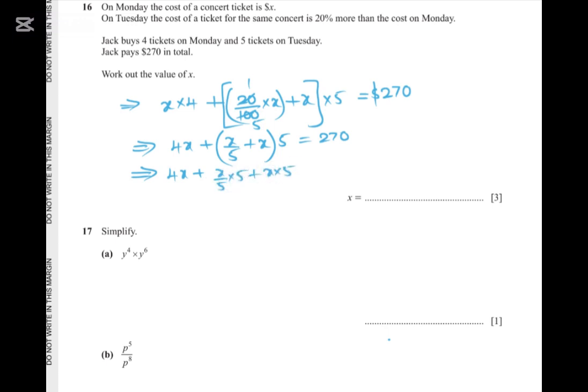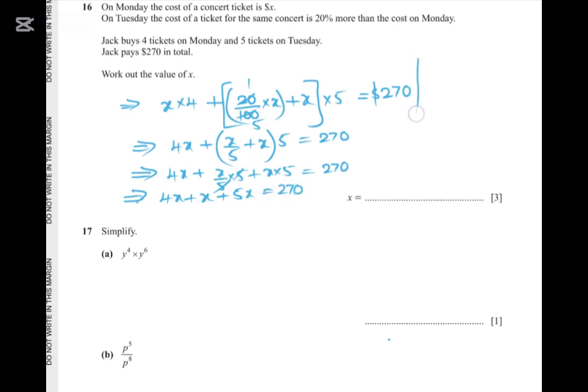I have distributed this 5 in the bracket, is equal to 270. Then this gives you 4x, 5 gets cancelled, x is remaining, plus 5x is equal to 270.